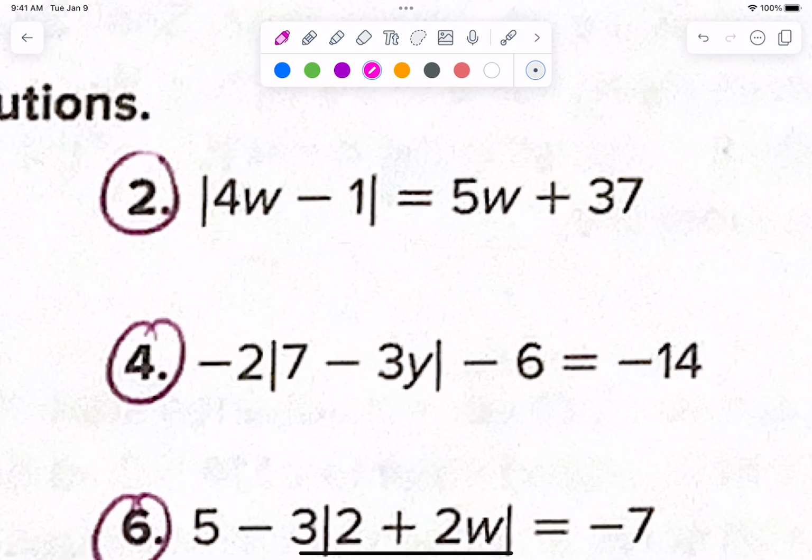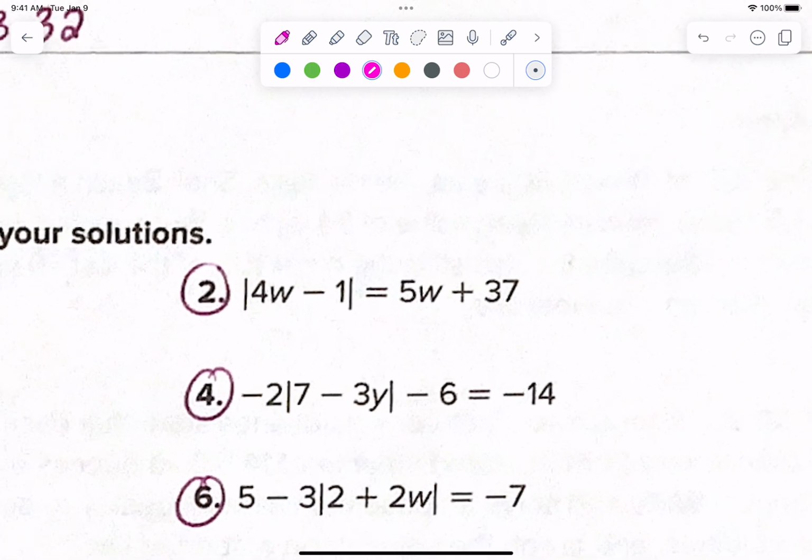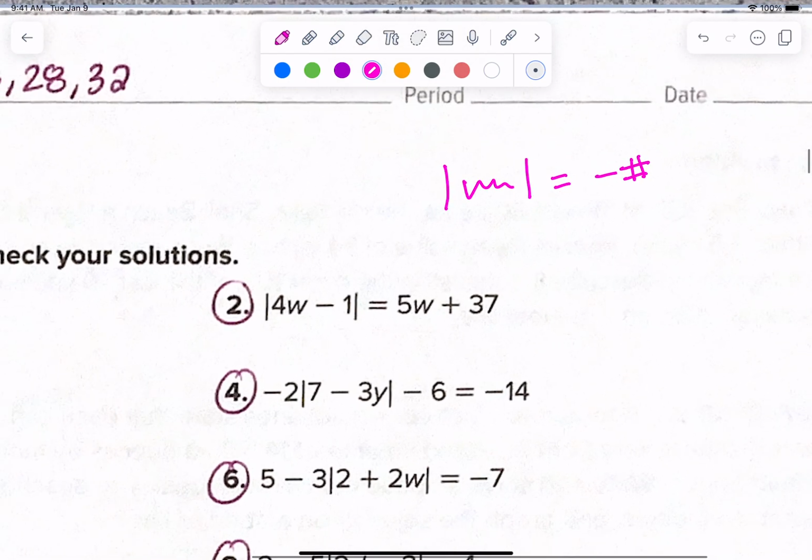Your answer can be negative, yes. But what can't happen, Brady, is you have the absolute value of something equal to a negative number to begin with. That's illegal, right? Okay? Got it? All right, there you go.